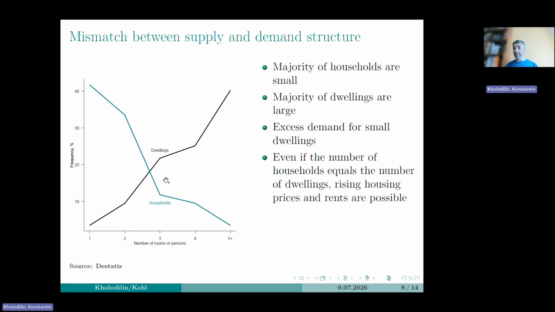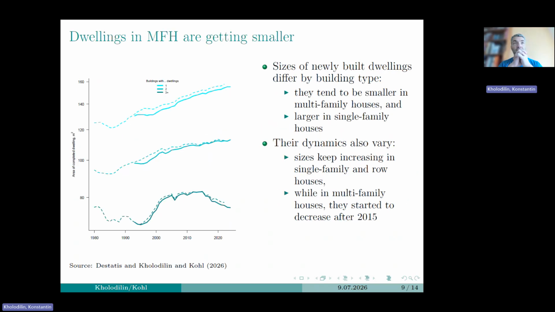Which means that even if there's equality between the number of dwellings and households, so equality between supply and demand, you can still have a shortage of small dwellings because there's an excess demand for small dwellings here, which means that in this segment, prices will keep increasing, and this can lead investors to invest more and more in this sector.